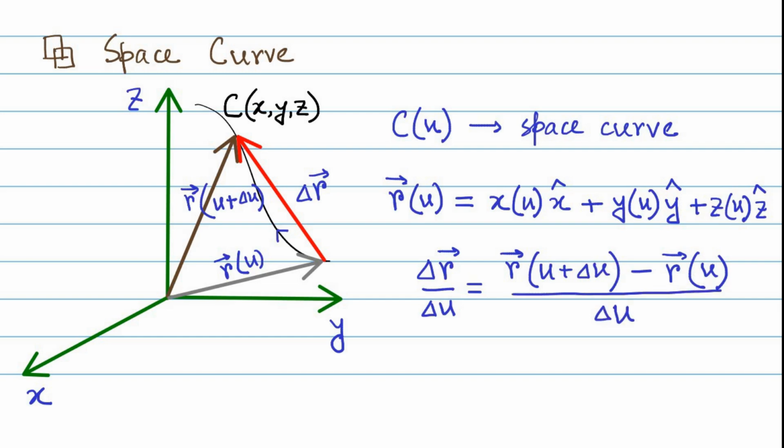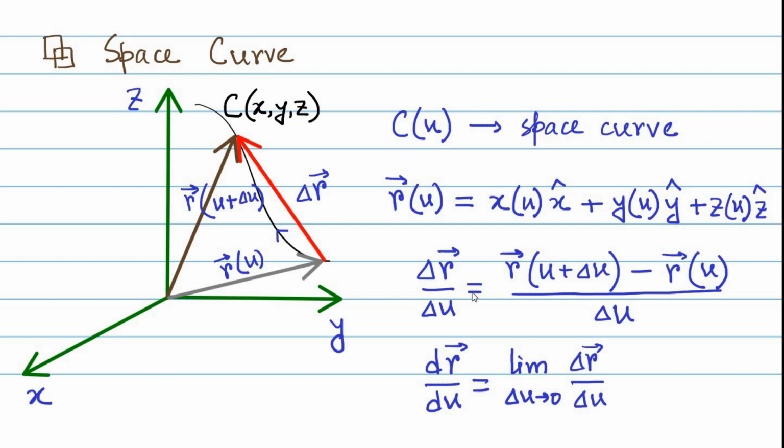And all we'll have to do in order to define the derivative, dr du, will be to take the limit of this vector we have just constructed here, which is delta r over delta u. So remember, our original goal is to find the expression for the derivative of the space curve, the derivative of the position vector that traces out the space curve to be completely correct, in terms of the coordinate functions. And that part should be easy, as we'll see within a minute.